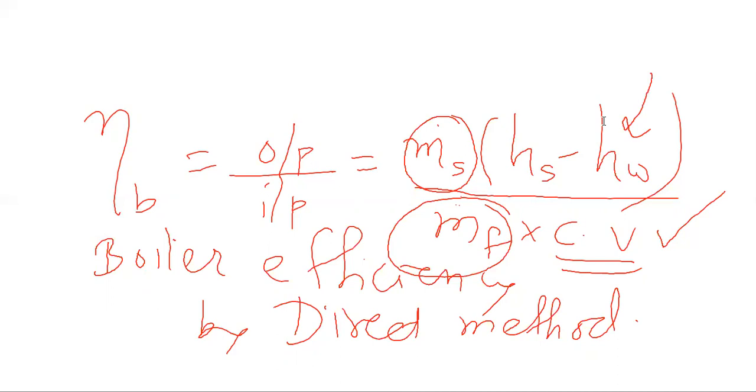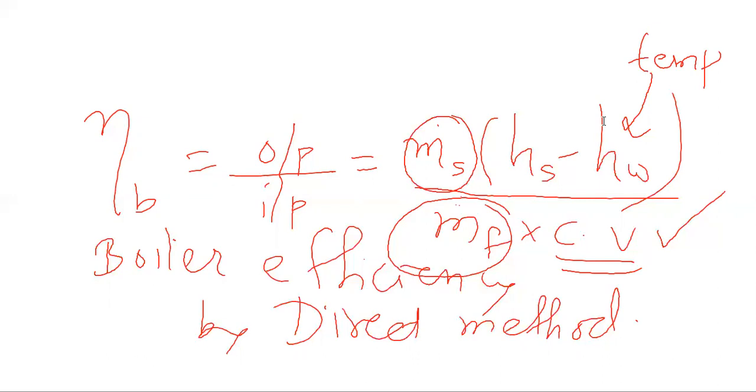From the steam tables, you can find it by knowing the temperature of that water. So you need a thermometer or thermocouple which would measure the temperature of the water entering the boiler.